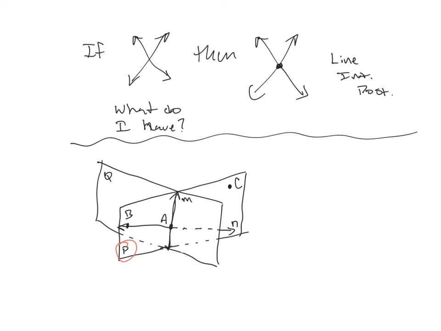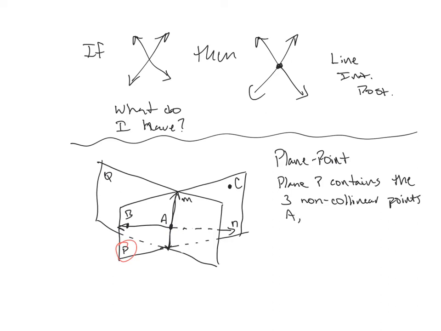So if I'm writing the plane point postulate, I would say plane P contains the 3 non-collinear points A, B, and C. So the plane point postulate again says a plane contains at least 3 non-collinear points.